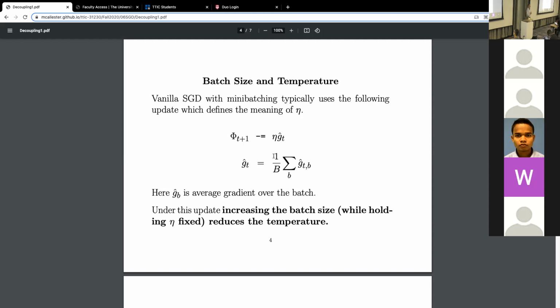So a better estimate of the gradient is not as noisy, so you're going to run colder because you've got better estimates. There's less noise in the system. And if temperature is the main thing governing the success and process of your SGD, you need to know that your batch size is coupled to your temperature. If you double your batch size, you're getting colder.